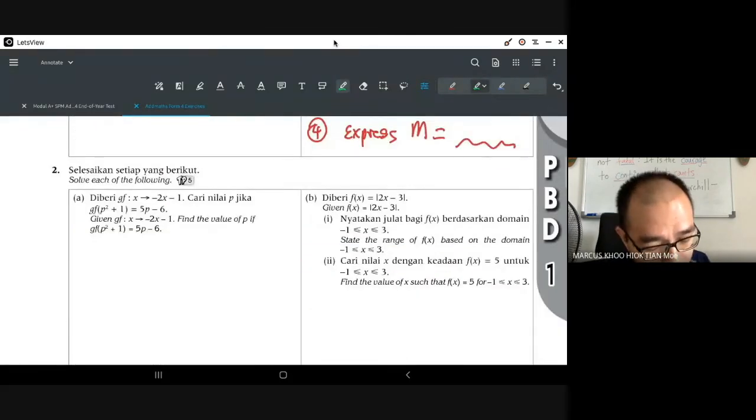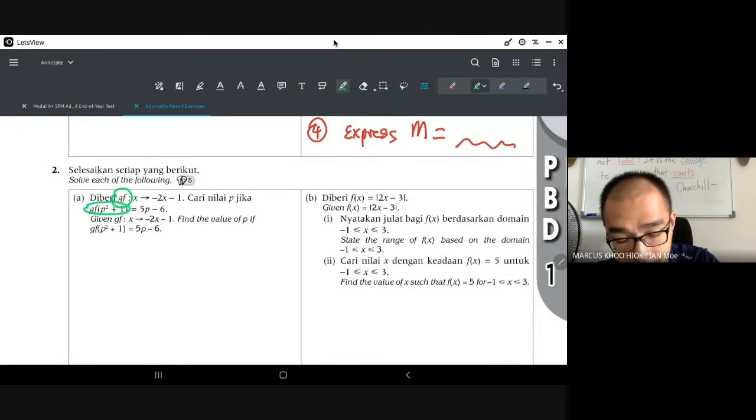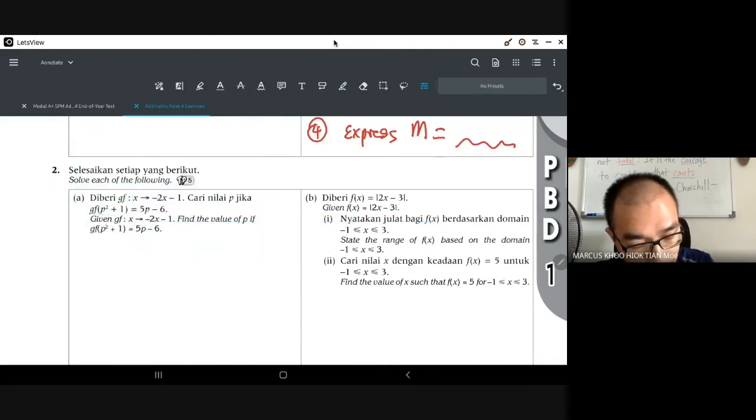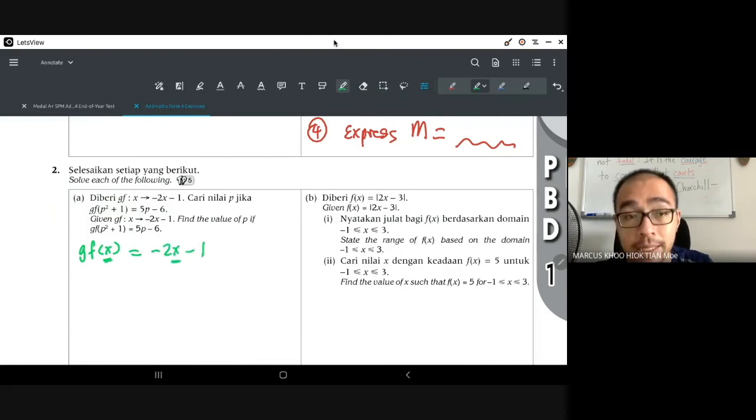Number 2, given gf(x) like this, find the value of p. So if gf(p squared plus 1), now remember what I said just now? Whatever is in this bracket must appear again over here.